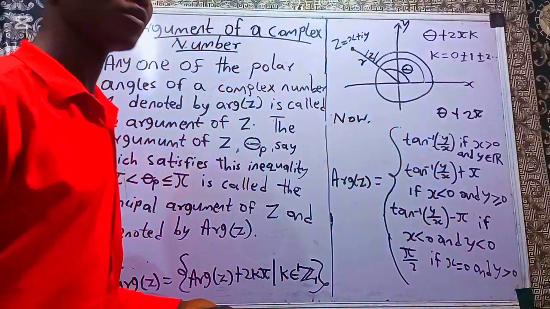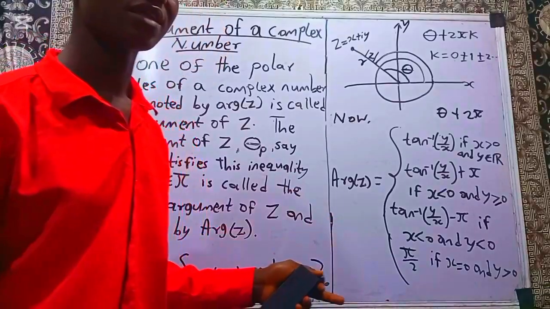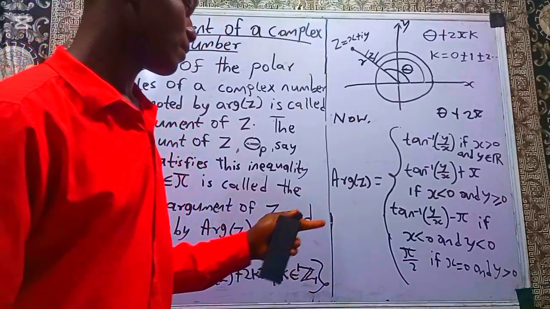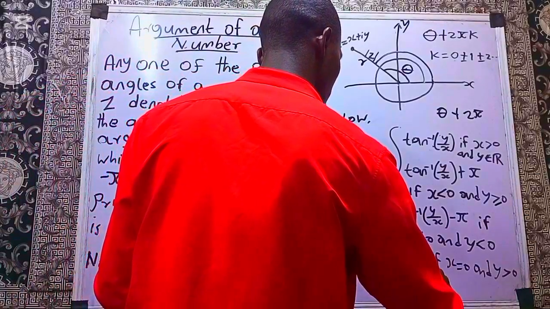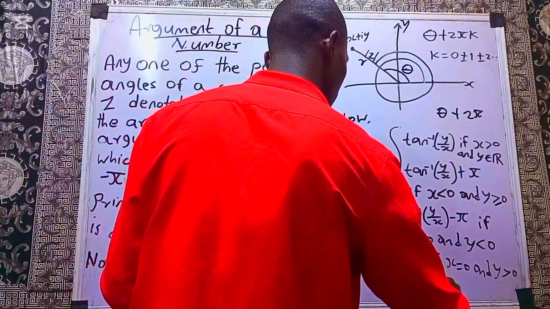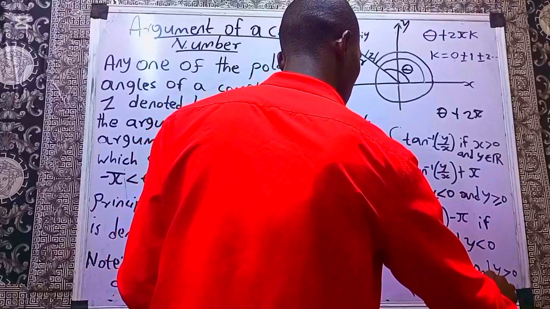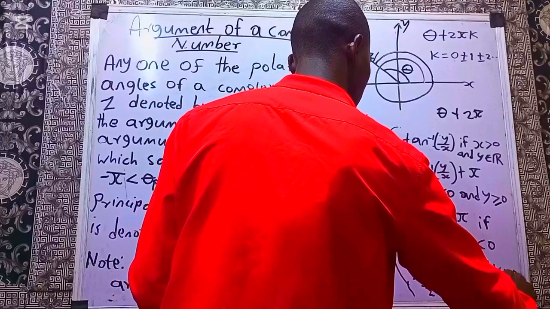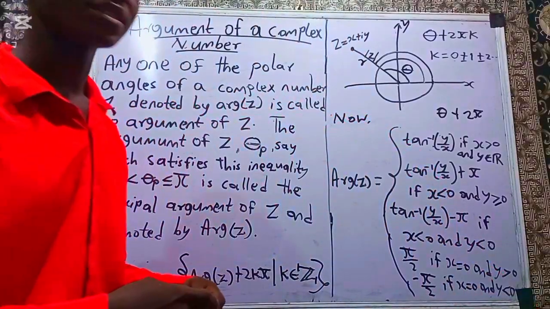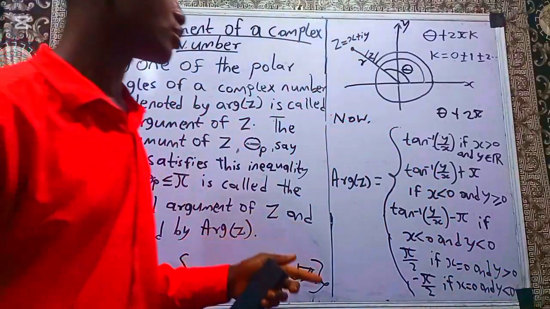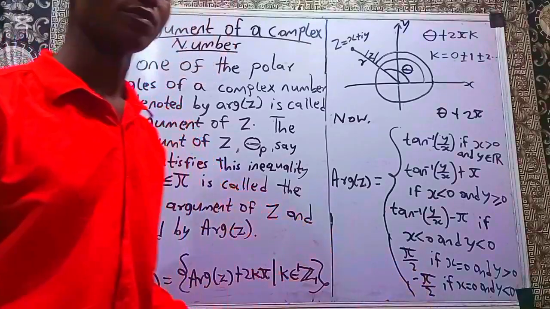That is, the real part is 0 and the imaginary part is greater than 0, you are going to get pi over 2. You get negative pi over 2 if x is 0 and y is negative. If x is 0 and the imaginary part is less than 0, you are going to get negative pi over 2.